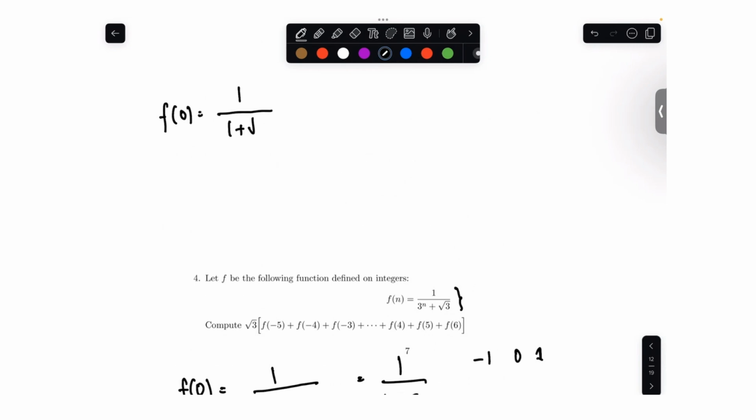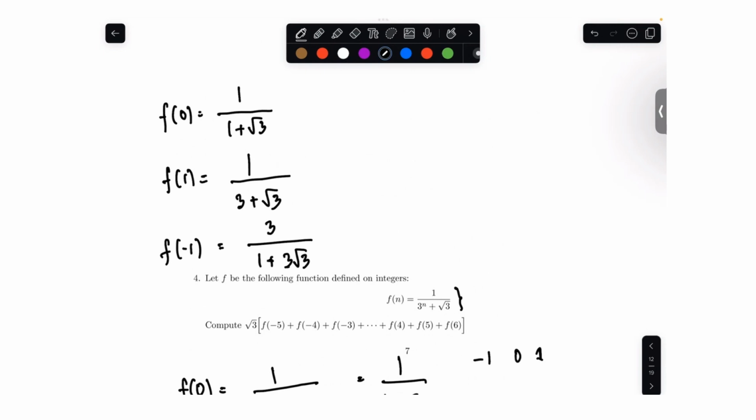1 plus root 3, f1 is root 3 plus root 3, f minus 1 is 1 plus, sorry, 3 by 1 plus 3 root 3.